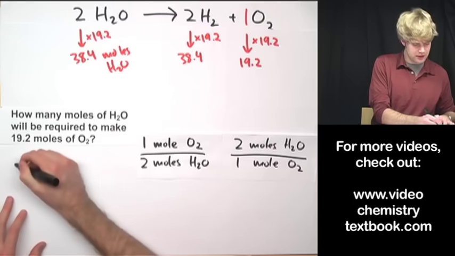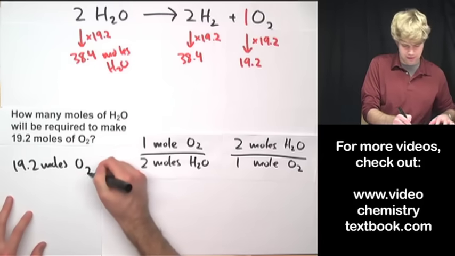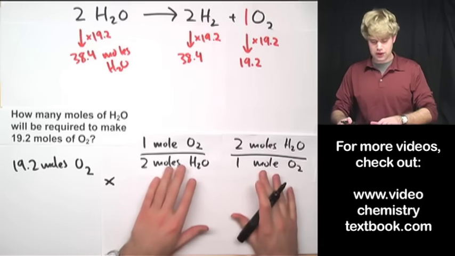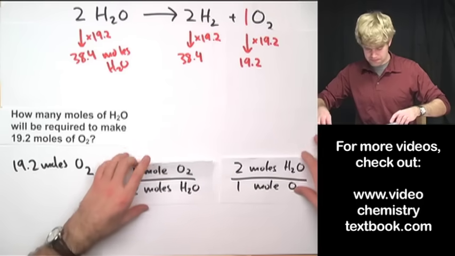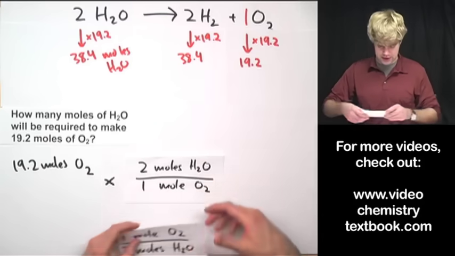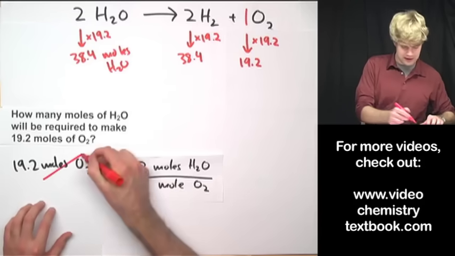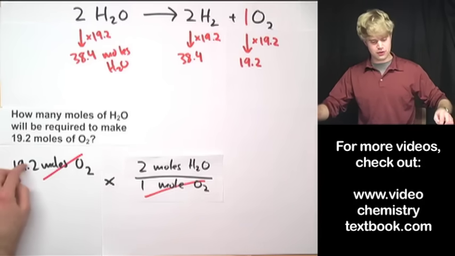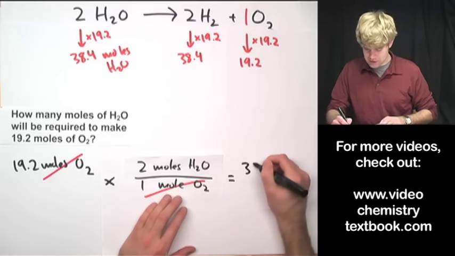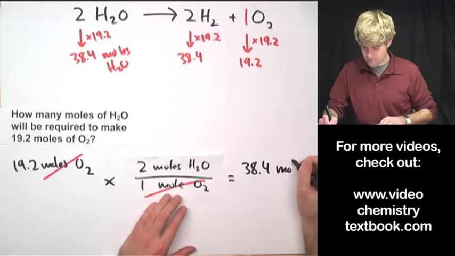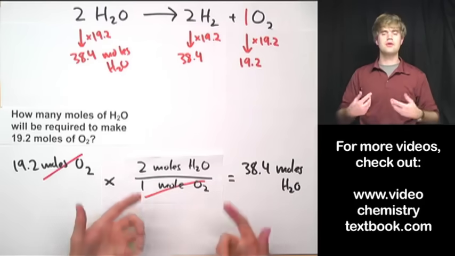I'm going to start here with 19.2 moles of O2, and I want to be able to multiply this by the conversion factor that's going to cancel out my moles of O2. So I'm going to choose this one here because it has moles of O2 on the bottom. Cancel out, cancel out. I do 19.2 times 2 divided by 1 equals 38.4 moles of H2O. I know it's moles of H2O because that's the unit that I have remaining.